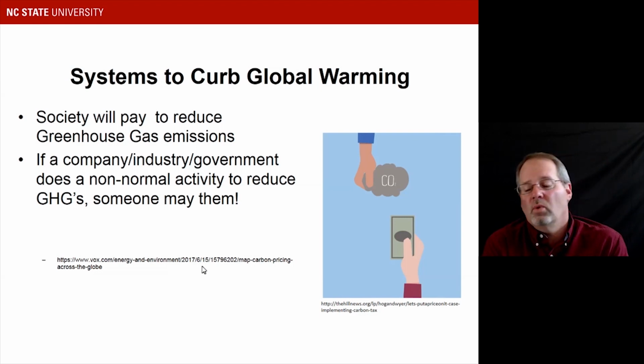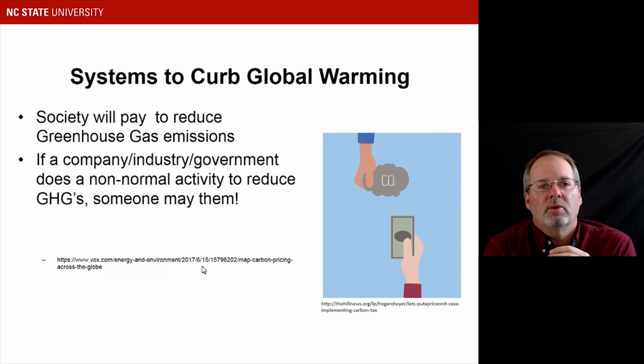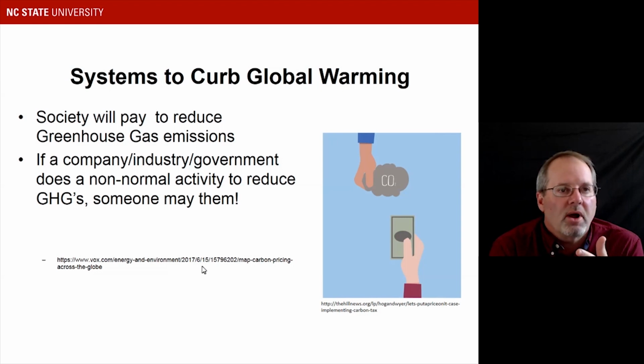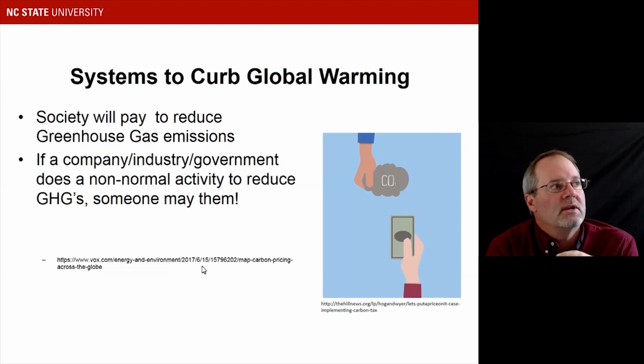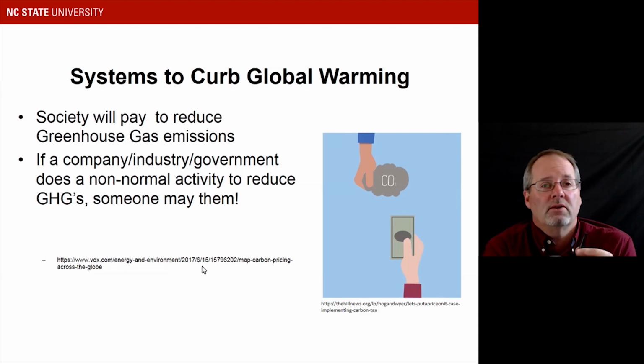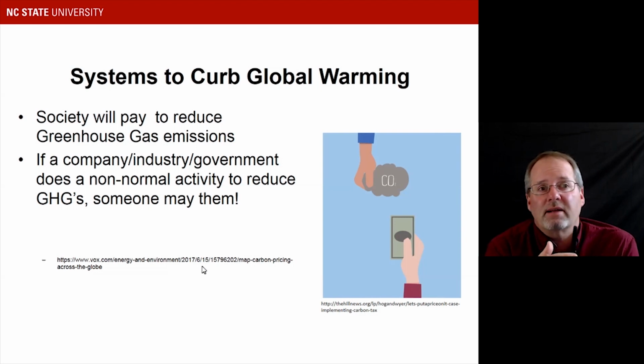What happens is if a company or industry or government does a non-normal activity, and normal activities would be just for the benefit of the company to increase profits. But if they do some activity that's not really beneficial within profits, that would be considered a non-normal activity. So if they do a non-normal activity and it has that greenhouse gas reduction, someone may pay them.